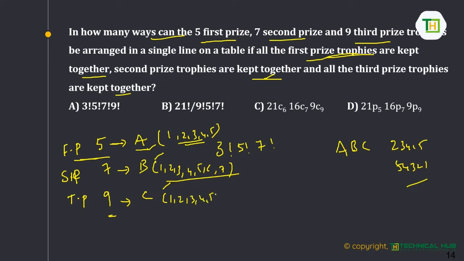This is one way. Like that, how many ways can I arrange these 9 prizes among themselves? 9 factorial ways. I can arrange 1 to 9, or I can arrange 9, 8, 7, 6, 5, 4 and so on to 1. So 9 factorial ways are possible. Then your answer is 3 factorial into 5 factorial into 7 factorial into 9 factorial.